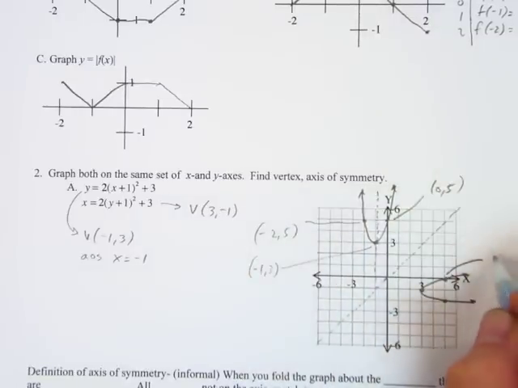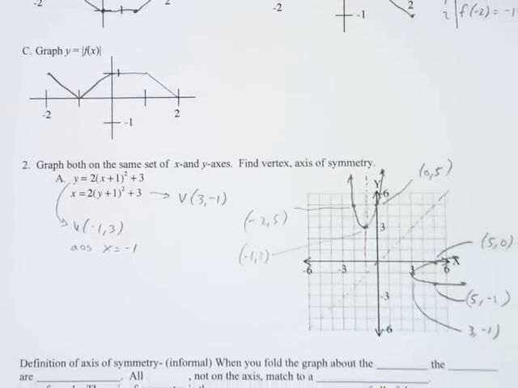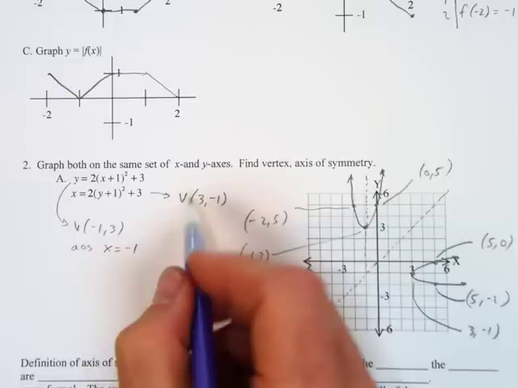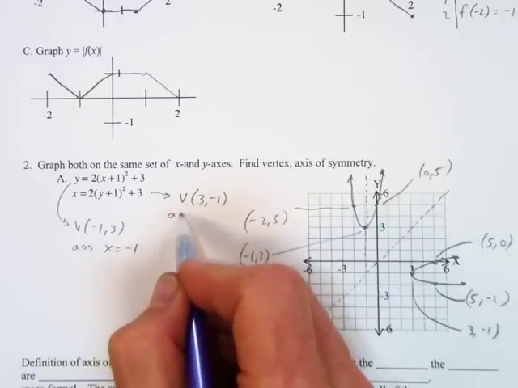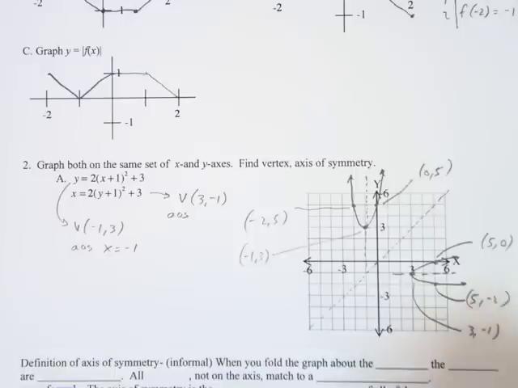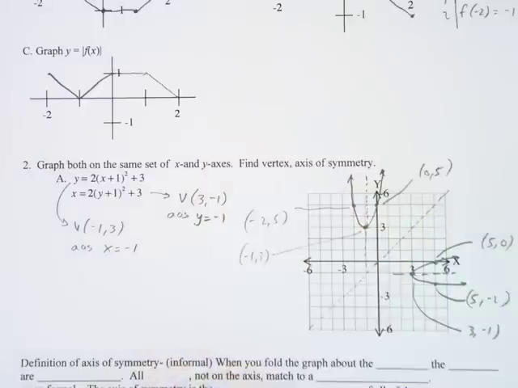Over here, we get 5, negative 2, 5, 0, and 3 comma negative 1. What do you notice about all those? The x and y's are switched, and that's exactly what was done here. Oh, I didn't write my axis of symmetry on this one. This time the axis of symmetry is a horizontal line, so that's going to be at y equals negative 1.